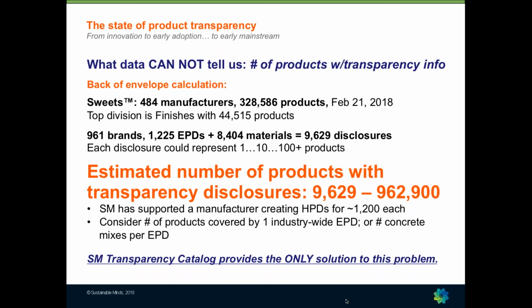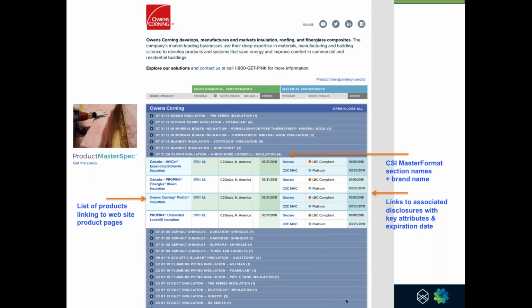There are at least almost 10,000 products with disclosures. Probably it's more like 50,000, but there could be 1 million products with disclosures. And the transparency catalog is the only solution to this problem, in the way that we've architected how manufacturers can display all of their products with transparency information.